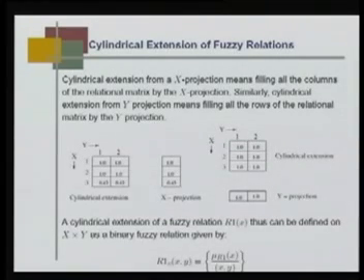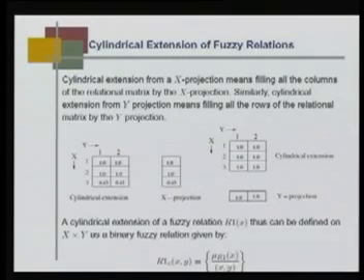When I create a relational matrix between x and y, I fill all the rows with 1 and all the rows here with 0.43. Whereas in the y projection, if I extend to the relation, then from y I fill all the columns. So, this is 1 filled with all 1 and 1 filled with all 1.